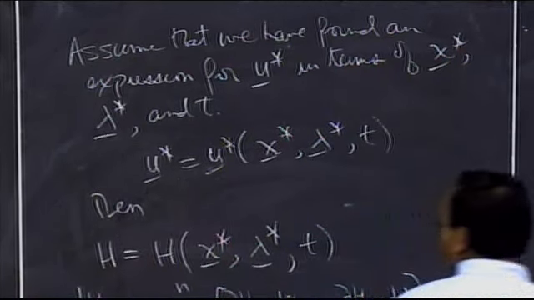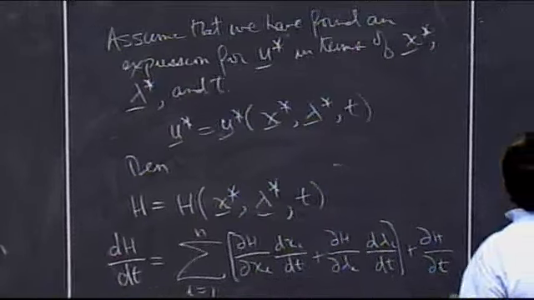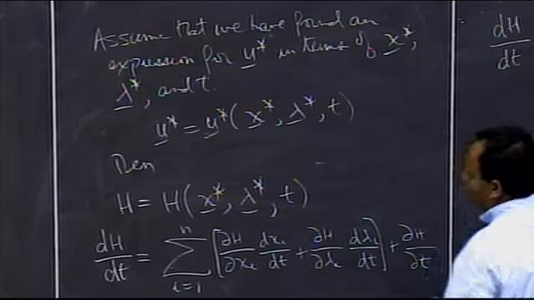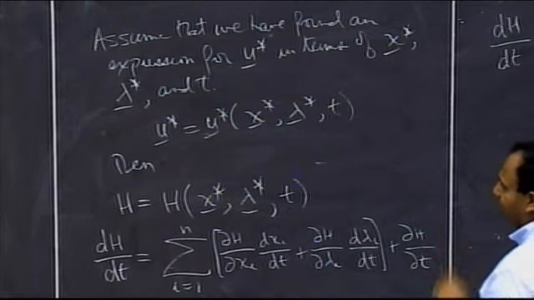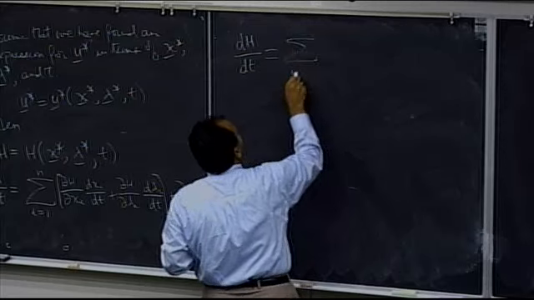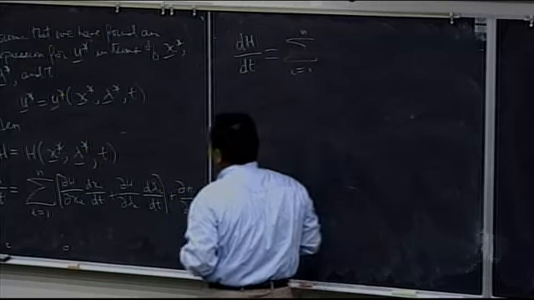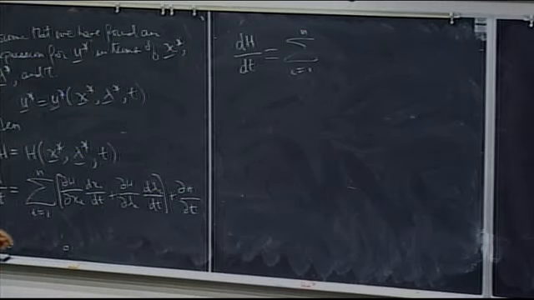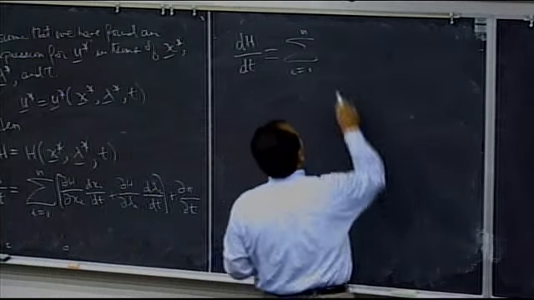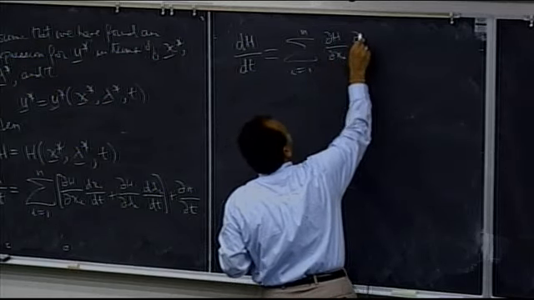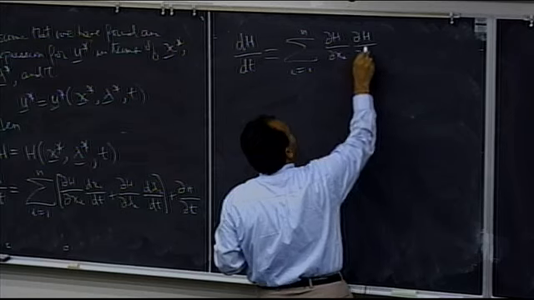But we know from the previous equation that dh dx and dh d lambda are related as follows. So what do we get here? We get the sum from i equals 1 to n. I know that dxi dt is x dot, but x dot is equal to h lambda. So I get the partial of h with respect to xi times the partial of h with respect to lambda i.